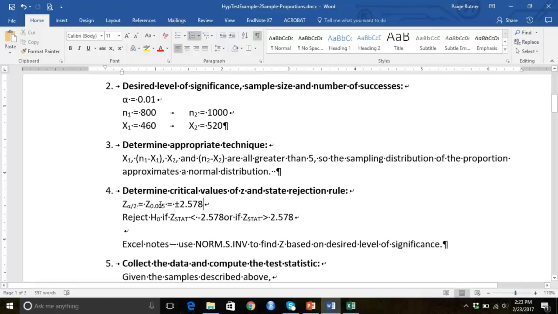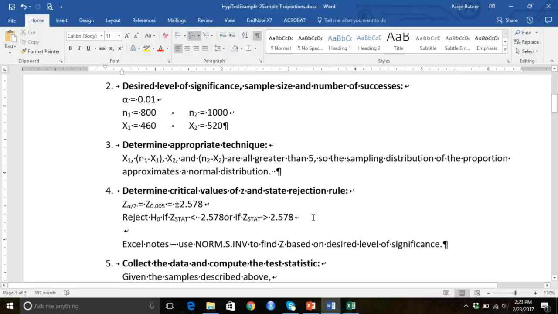So we're splitting that alpha in half, and so we get plus and minus critical values from our symmetric distribution. We're going to reject our null hypothesis if our test statistic is less than minus 2.578 or greater than positive 2.578.